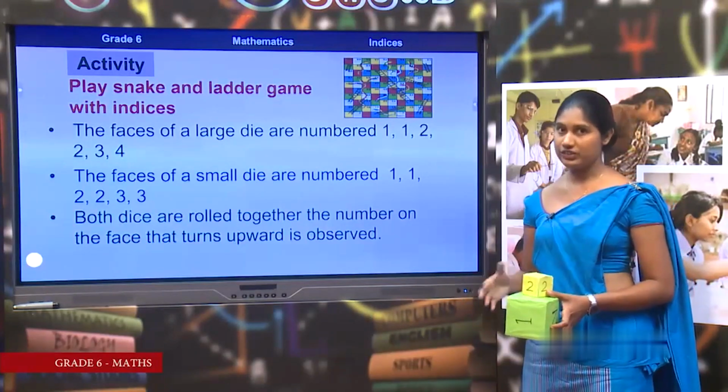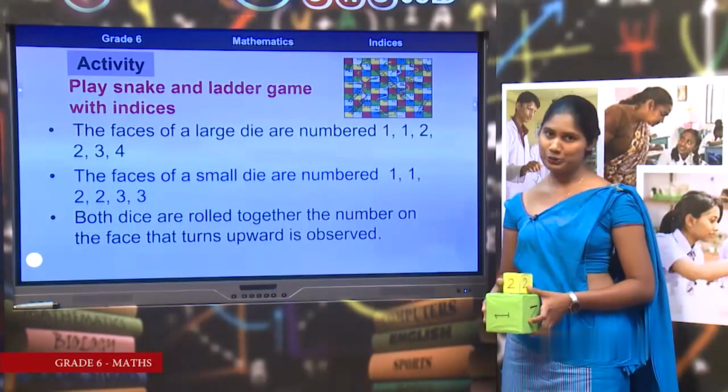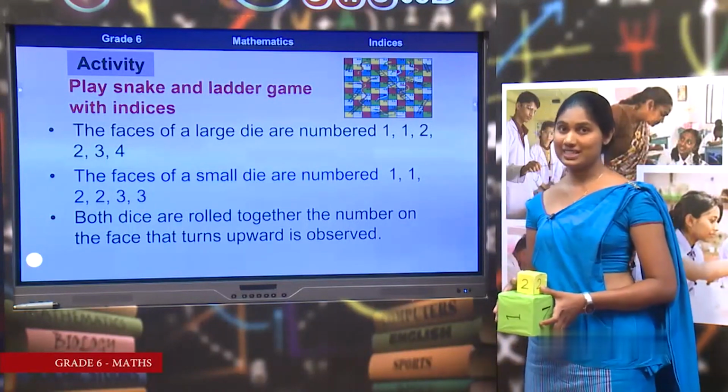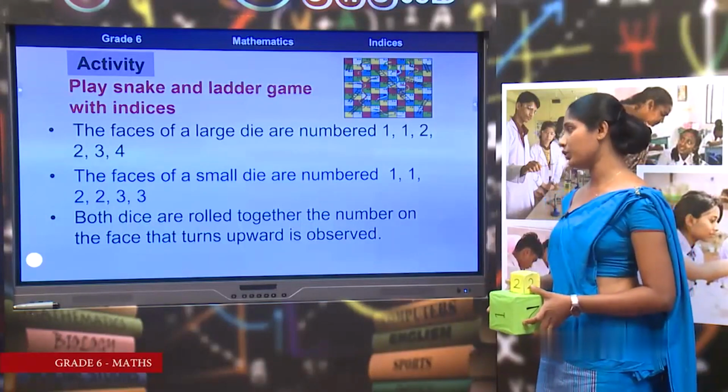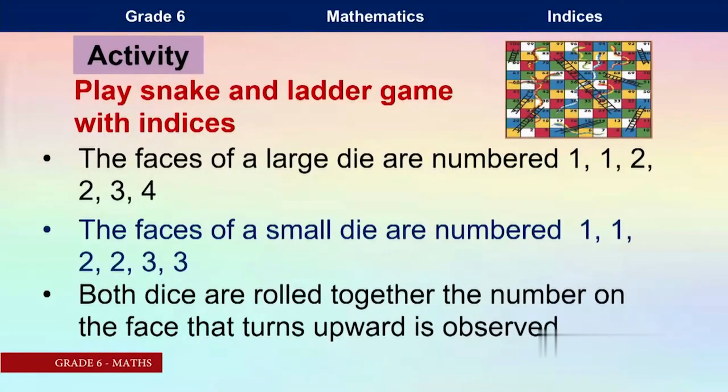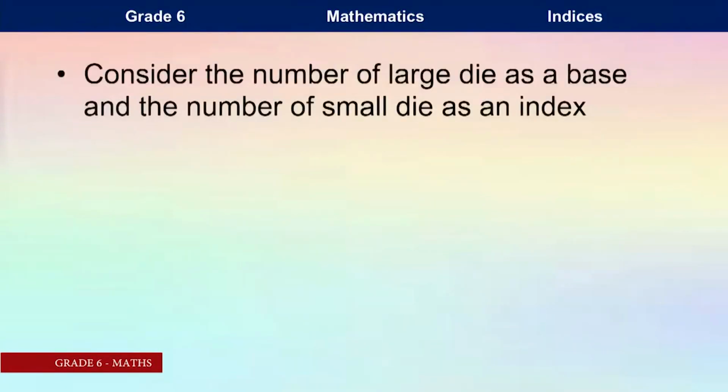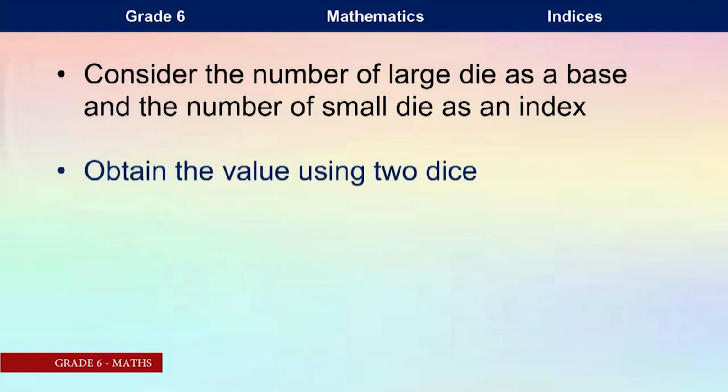So, dear children, these are the instructions to do this activity. Both dice are rolled together. The numbers on the face that turns upward are observed. Consider the number of the large die as a base and the number of the small die as an index.